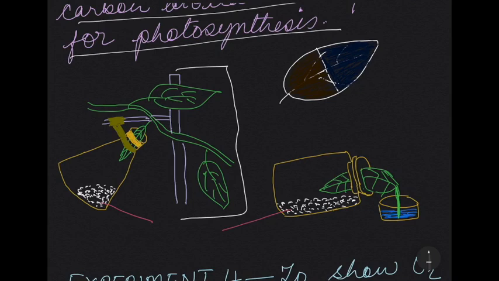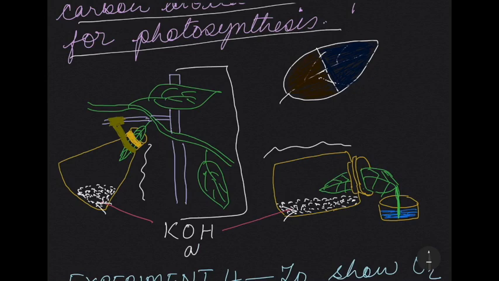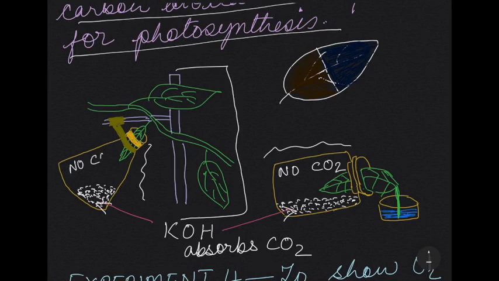So you can see that a conical flask is taken or a bottle is taken, inside which we have placed potassium hydroxide. This is potassium hydroxide. What does potassium hydroxide do? It absorbs all the carbon dioxide that is present inside the bottle or the flask. So there is no carbon dioxide inside the bottle or inside the flask.